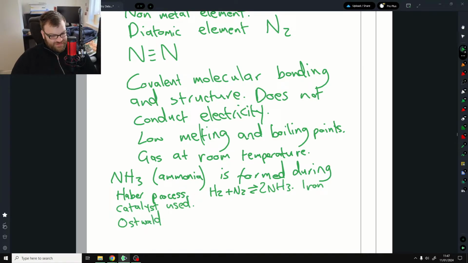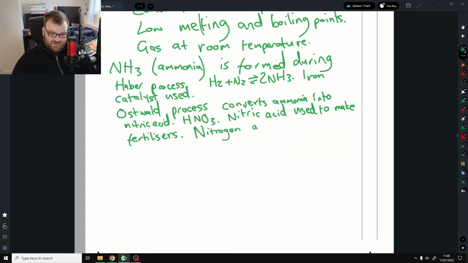The Ostwald process turns the ammonia into nitric acid. Nitric acid is HNO3. Nitric acid is used to make fertilizers. So nitrogen, potassium, and phosphorus are important nutrients for plants.